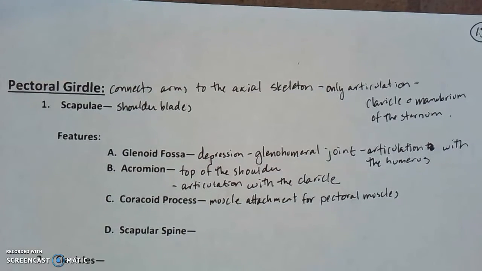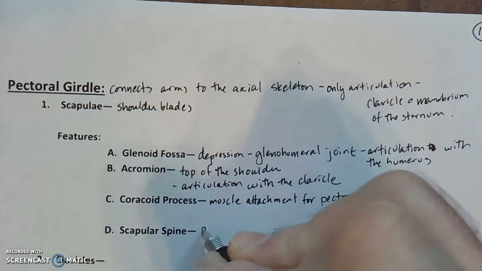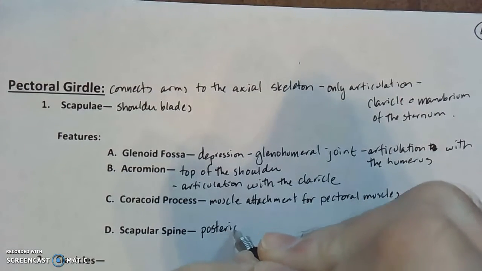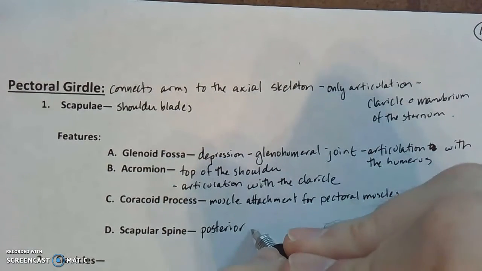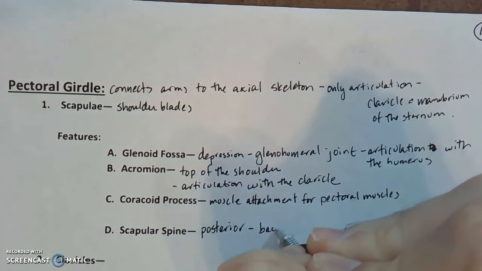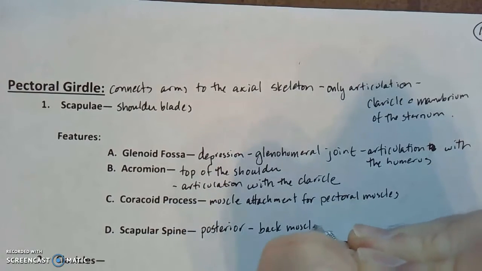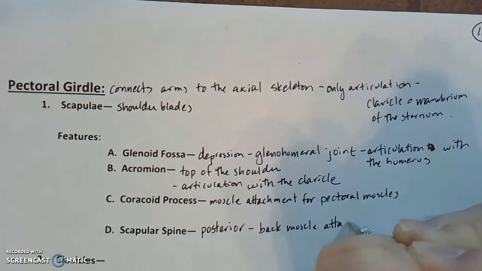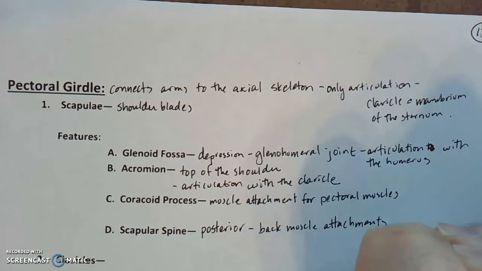The scapular spine is posterior, so it's on the posterior surface of the spine, and it is going to be for back muscle attachments. And we'll take a look at all of these on the diagram.